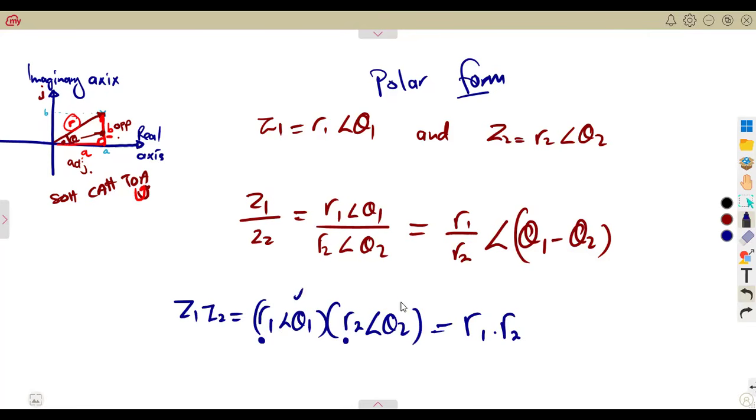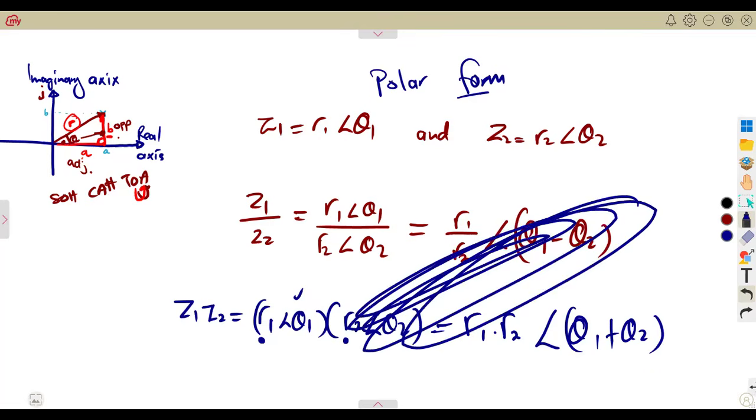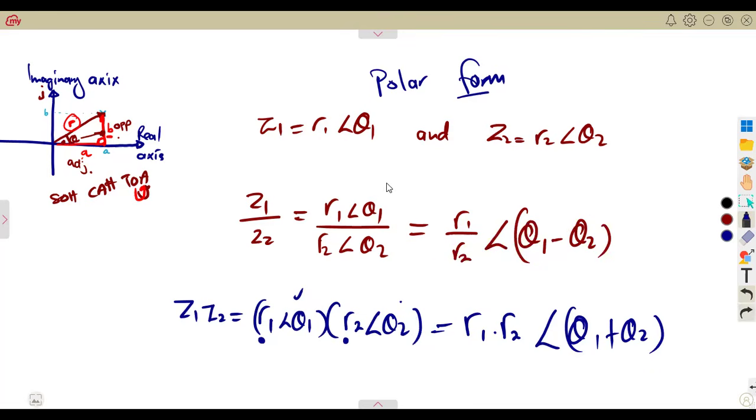What about the angles, theta 1 and theta 2? You add them: theta 1 plus theta 2. So as you can see, it's easier for us to divide or multiply in polar form. Then we can do the conversions later on, to convert to the rectangular form. First part is the simplification before the conversion.